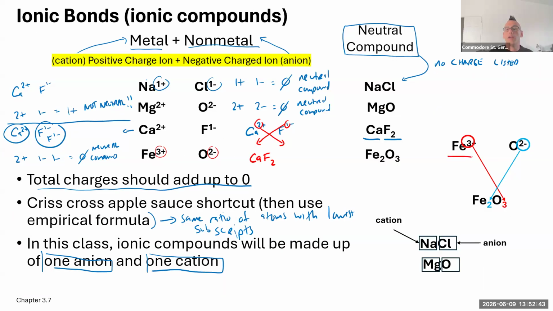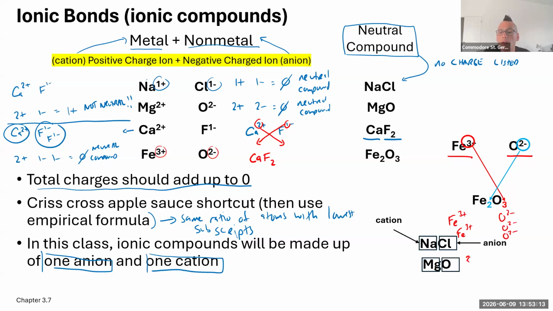So if we take the iron 3 plus and the oxygen 2 minus, you bring the numbers down in a kind of crisscross pattern, where the iron 3 plus is now the subscript of oxygen, and the oxygen 2 minus is now the subscript of iron, which gives us basically 2 iron ions and O 2 minus, O 2 minus, O 2 minus.